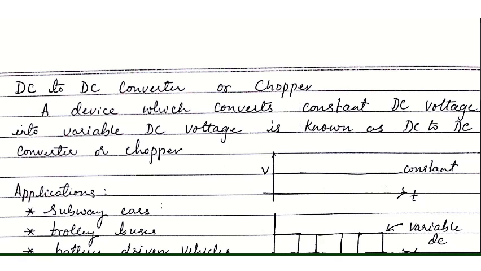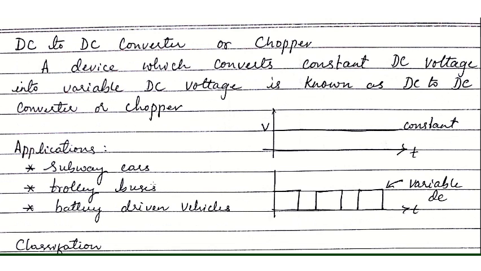A definition of a chopper: a device which converts constant DC voltage into variable DC voltage, which can be called a DC to DC converter or a chopper. If you think of applications, you can imagine subway cars, trolley buses, or battery driven vehicles.